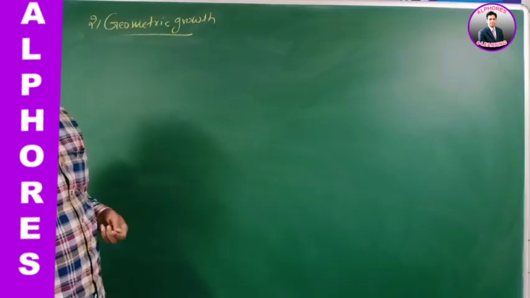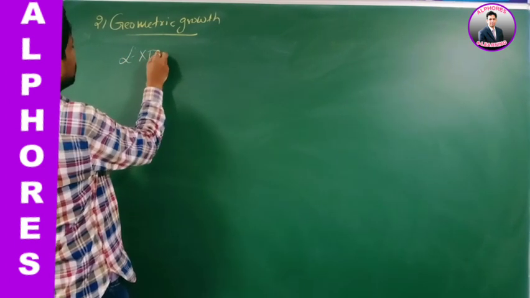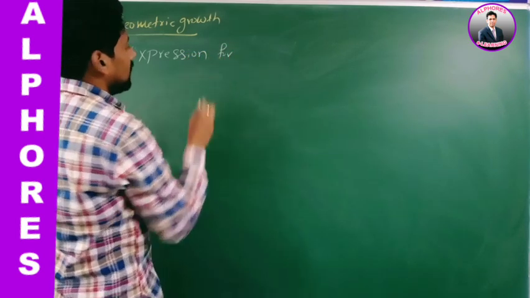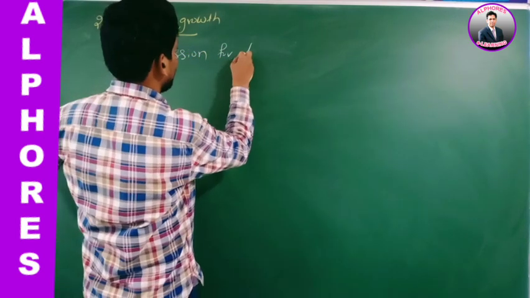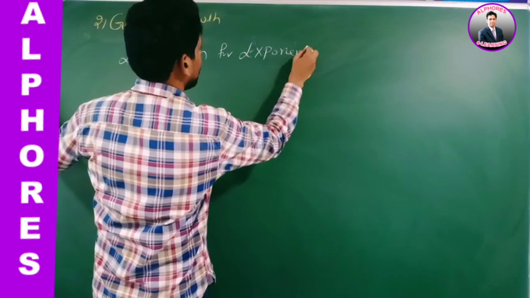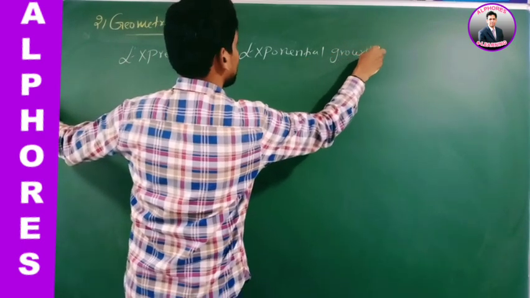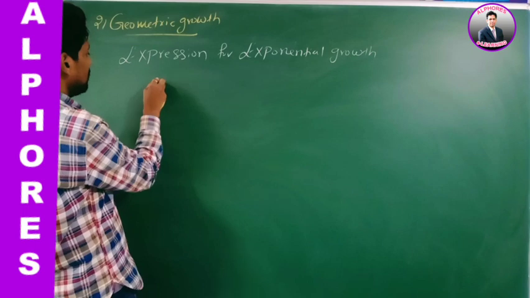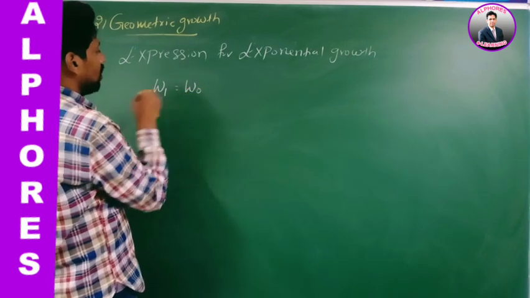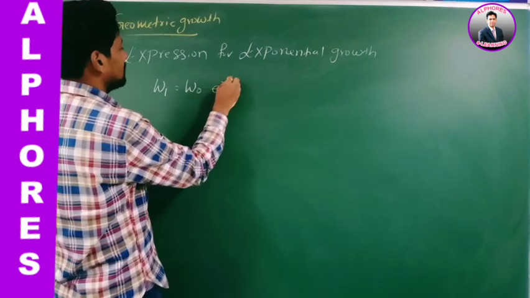Now listen here. The expression for exponential growth is W1 equals W naught into e to the power of rt.